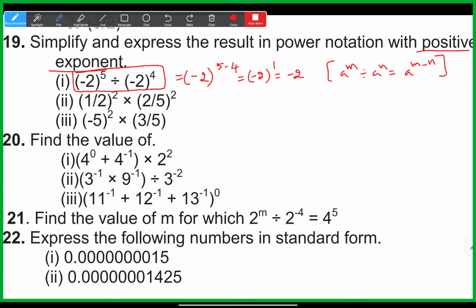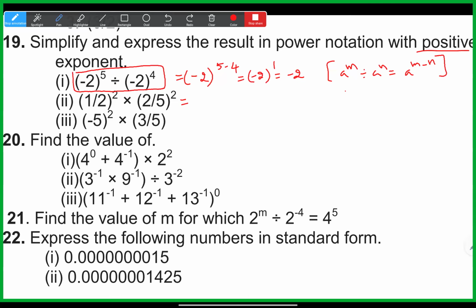So the next one, which law can we use? a power m by b power m is equal to a by b power m. But multiplication is there, no?